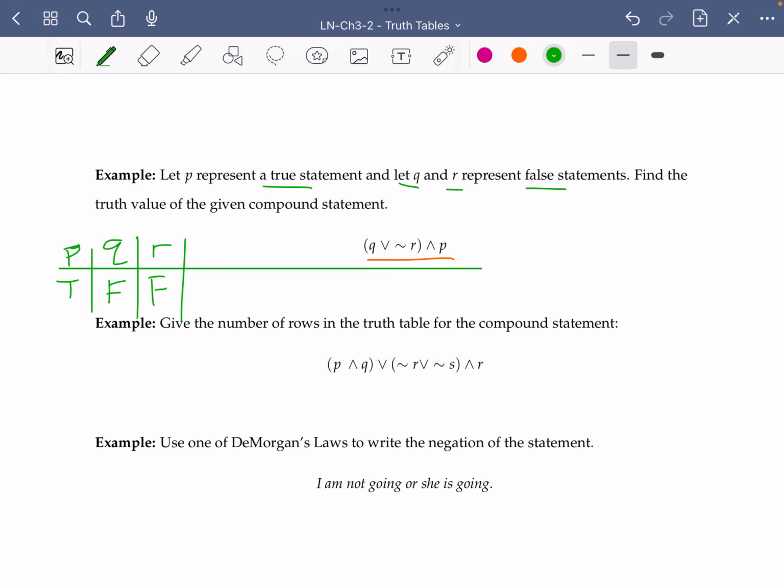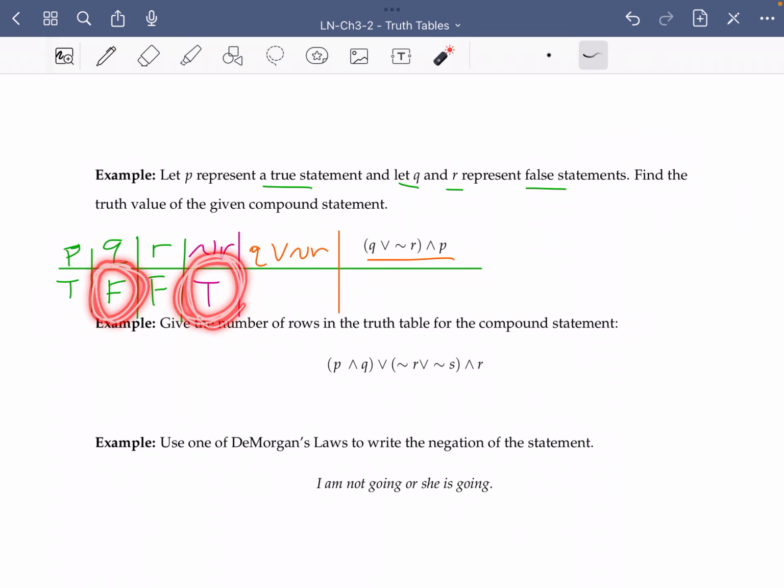We have Q or not R. So first we need to find not R. Not R is going to be the opposite of the truth value for R. Then we need to find the truth value for Q or not R. So Q, false or true. False or true, those combine to give us true. An or statement is only false if both pieces are false.